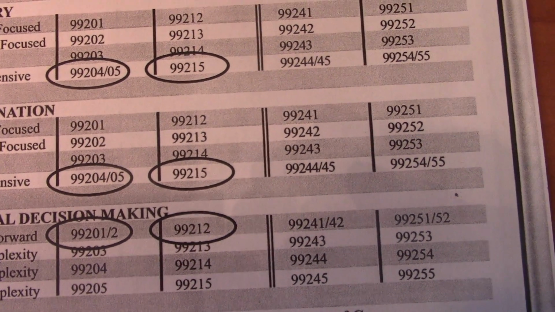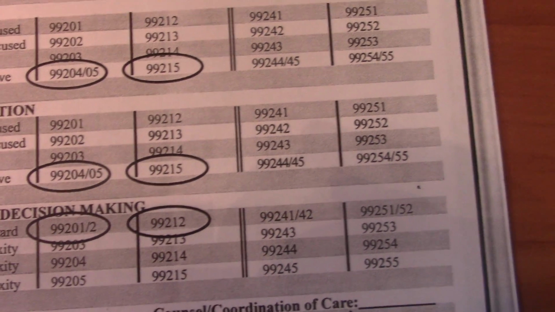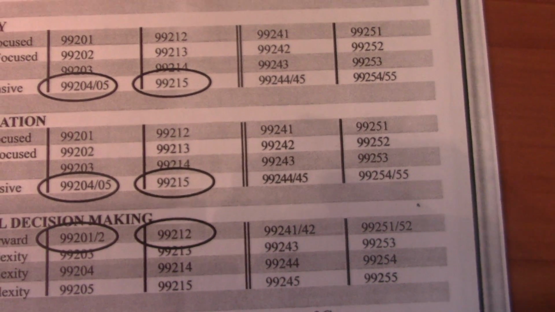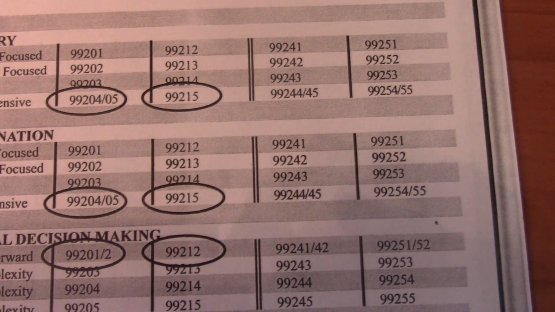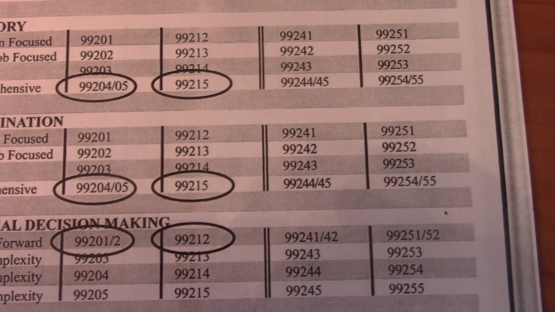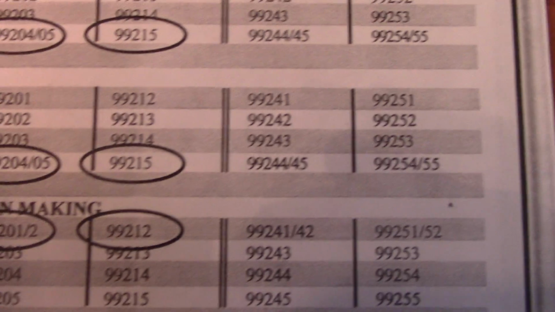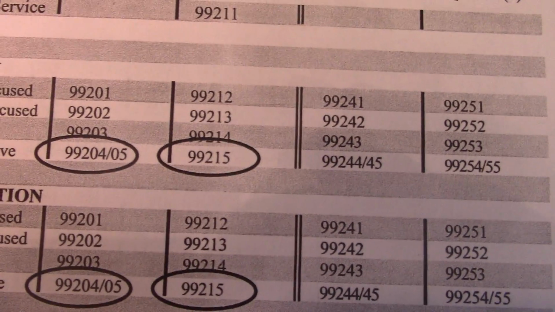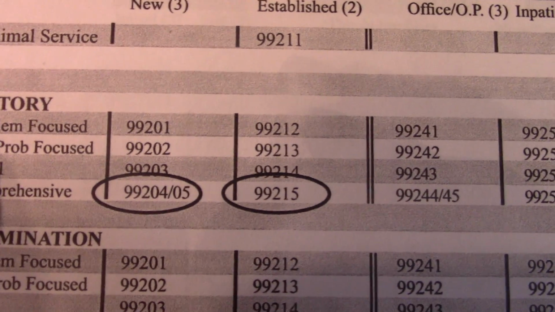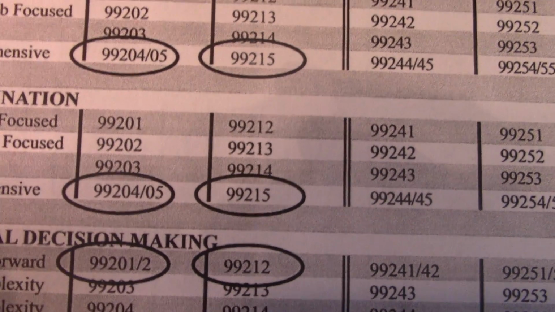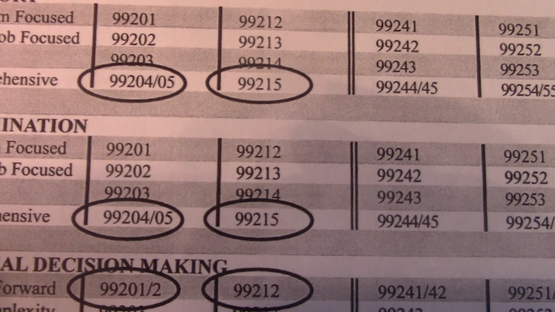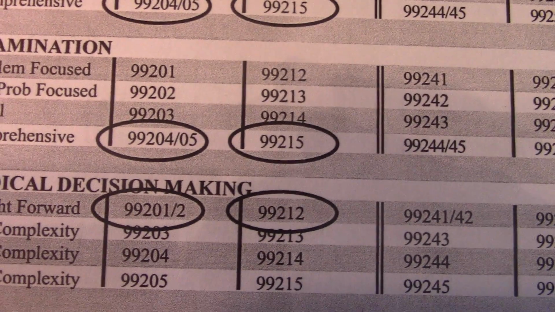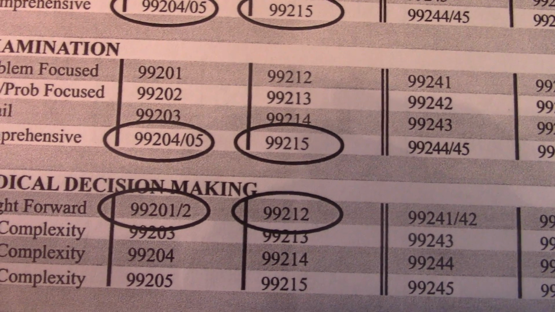Even though you may have done a head-to-toe check with the pap smear and obtained a comprehensive history, you would need to code this visit with a 99202 or 203. Because notice we had a 99204/5 comprehensive history, 99204/5 exam, but straightforward brought it back to a 201/202.